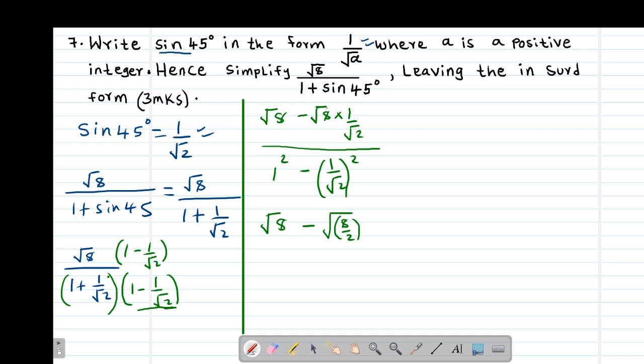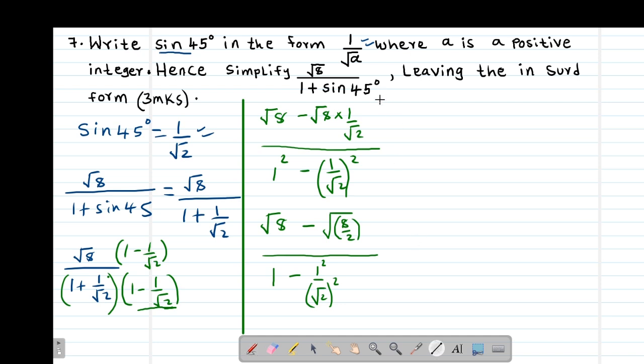You factor out the root. Root 8 times 1 gives root 8, then the root of 2 into bracket, so we are going to divide 8 by 2. Then the whole thing will be divided by 1 squared, which is 1, minus. This one means you square the numerator, then you also square the denominator, root 2 squared.